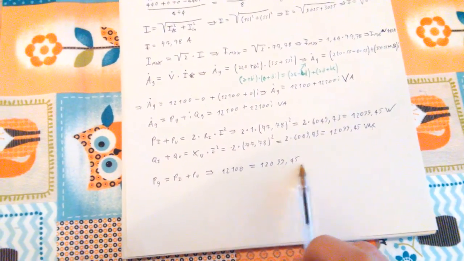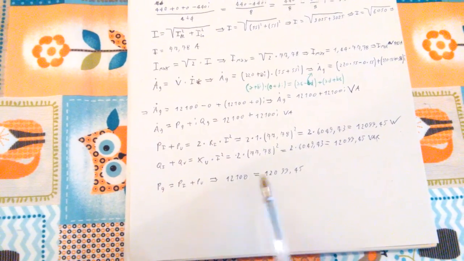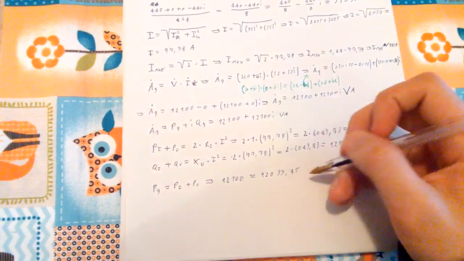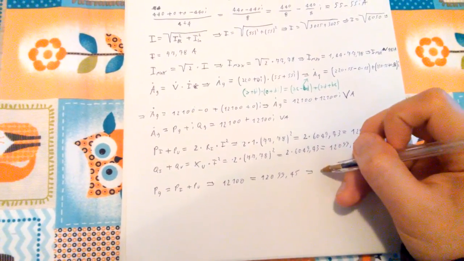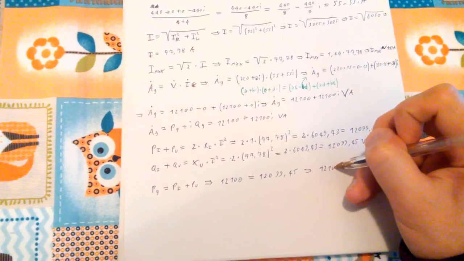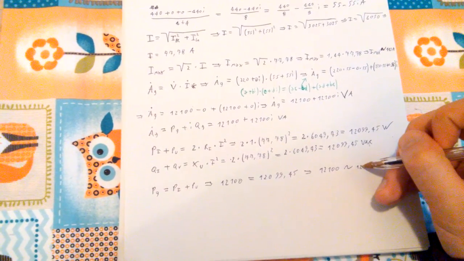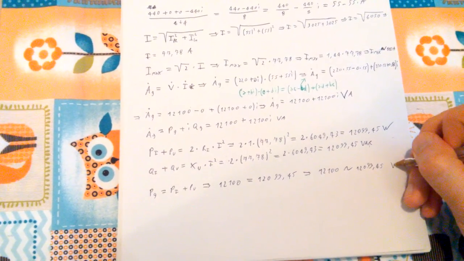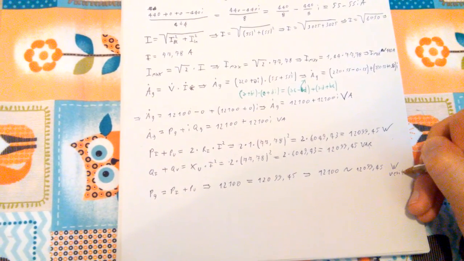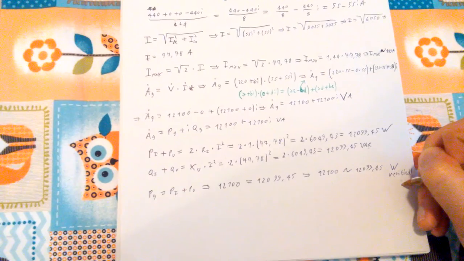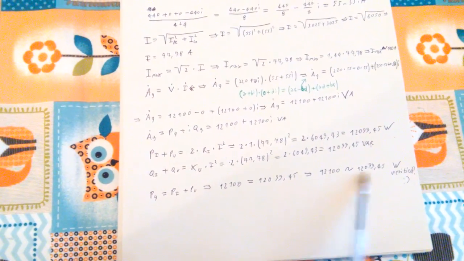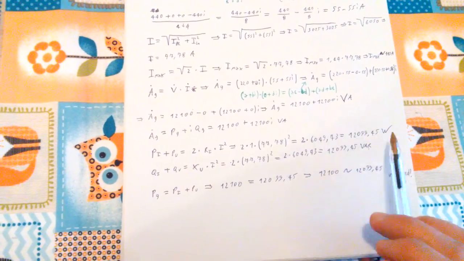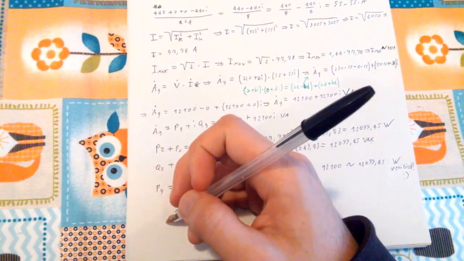And yeah, you can argue that 12,100 is not 12,099.45, but I'm just going to say that yeah, it's verified. 12,100 is about 12,099.45. So yeah, it's verified. It's pretty much that I just rounded while I was doing calculations.